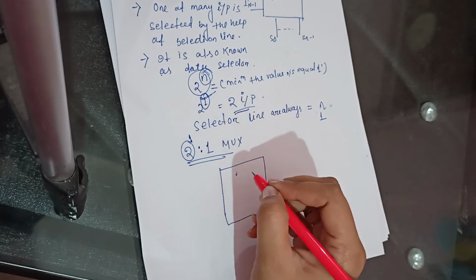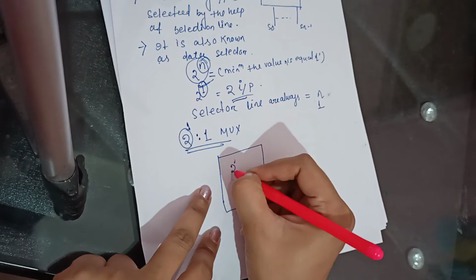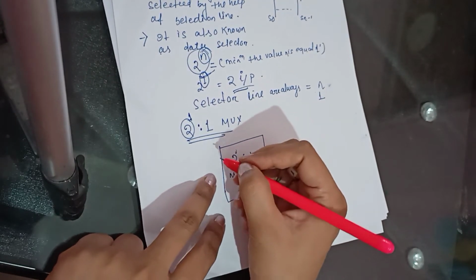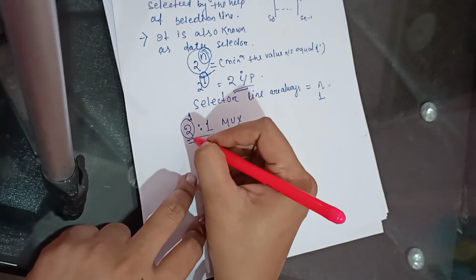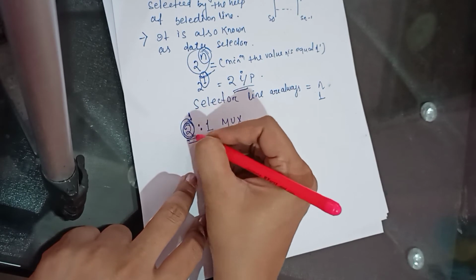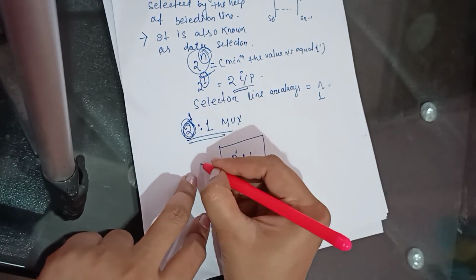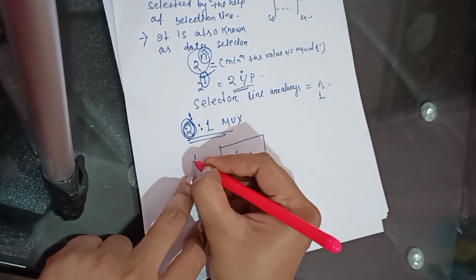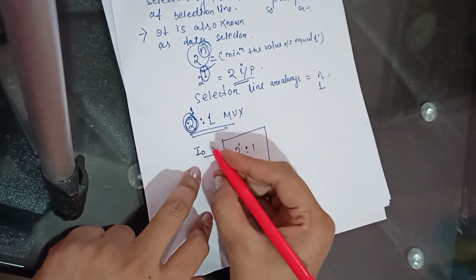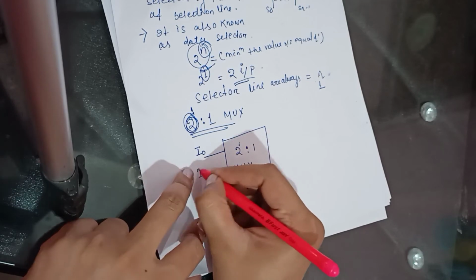So now we will calculate the 2 to 1 mux. How many input lines will be present here? As we know, the minimum is 2 input lines, which we denote as I0, I1.